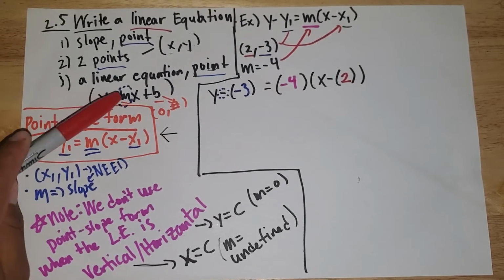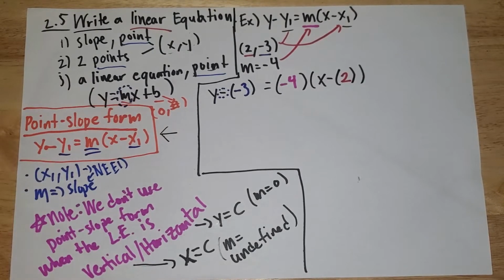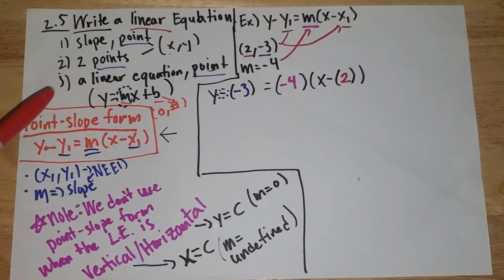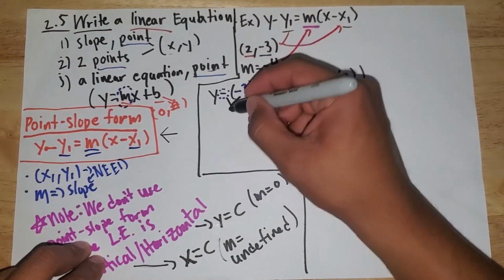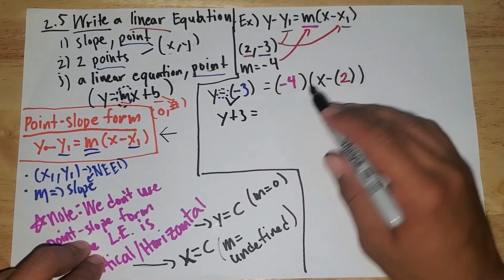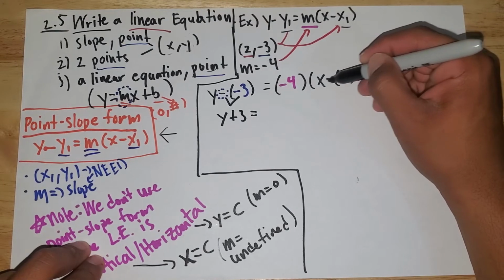Like I said, this is slope intercept form right here, where y equals mx plus b, which we were using last week to help us graph a linear equation. But to do so, we had to isolate this y. These two negatives are going to become positive, leaving me a y plus 3 equal to, here this positive and negative aren't going to change.